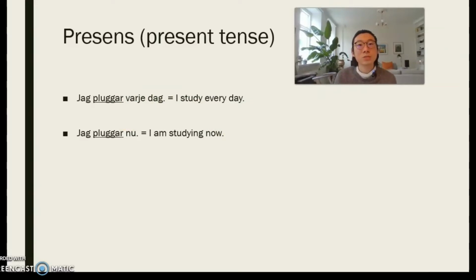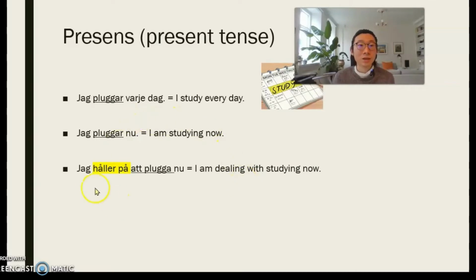So in Swedish, we also use an expression to emphasize and strengthen the sense of ongoingness. It is jag håller på att plugga nu. In English, I am dealing with studying now.